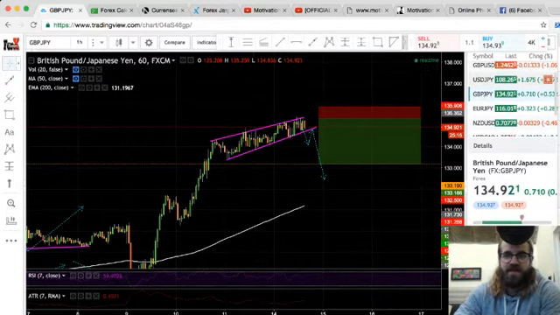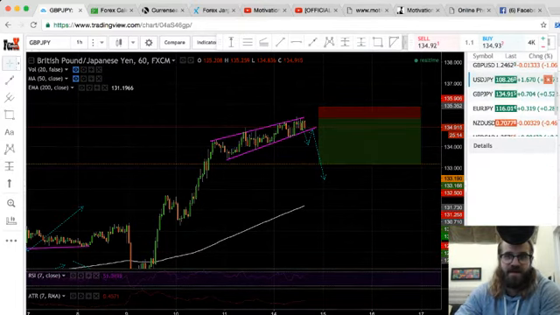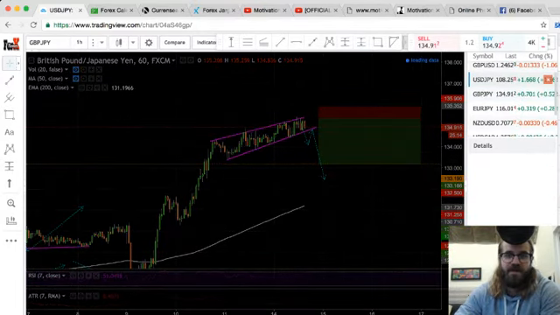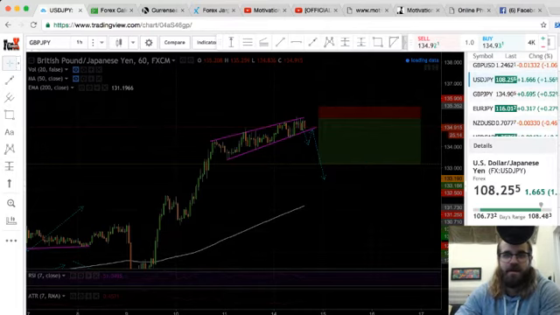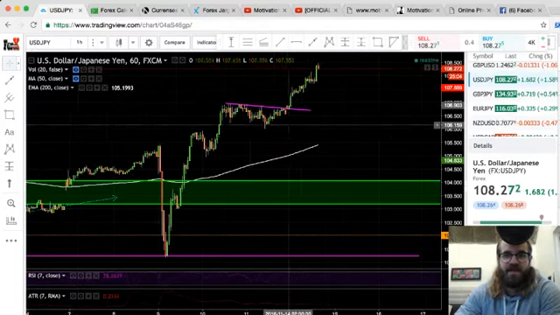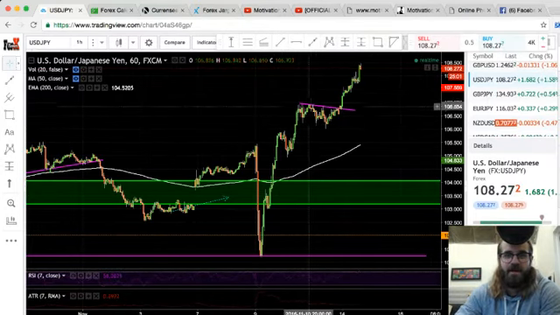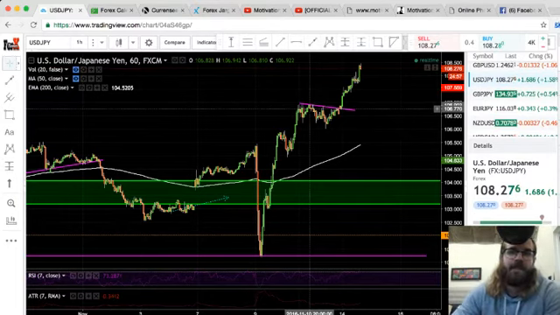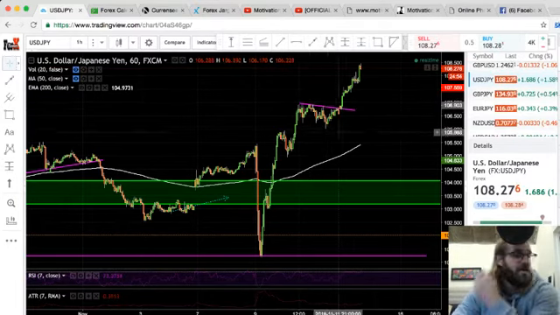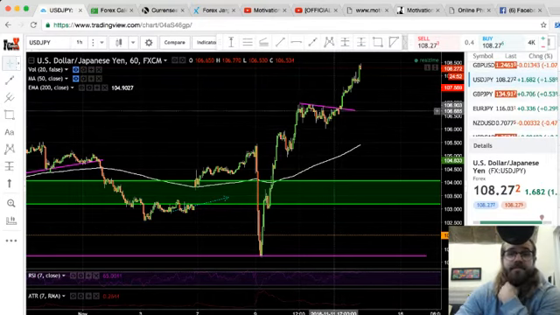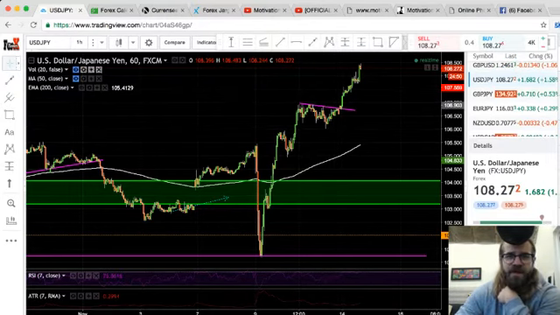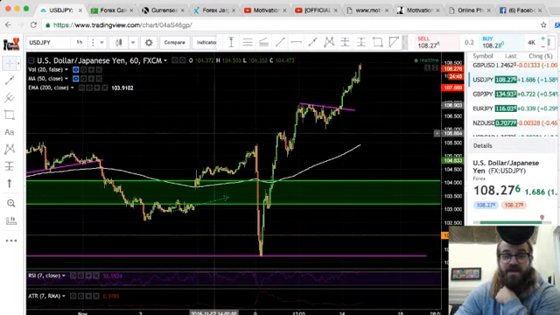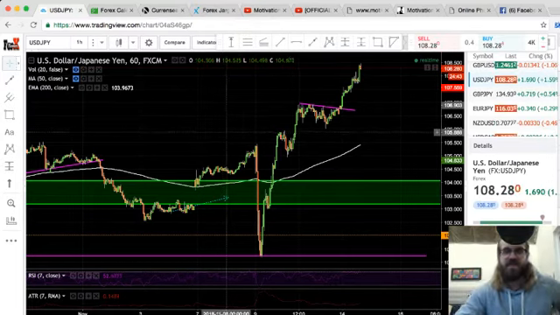So another trade I took last week was on the pound yen. Let's check out the pound yen here. As you can see right here, I got involved here on these tops. Sorry, I did exit the trade before the weekend, just because we had some news coming out over the weekend here on the yen, and I didn't want to be involved in that, which was a good thing.